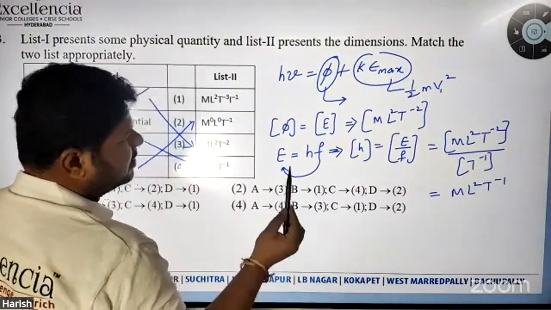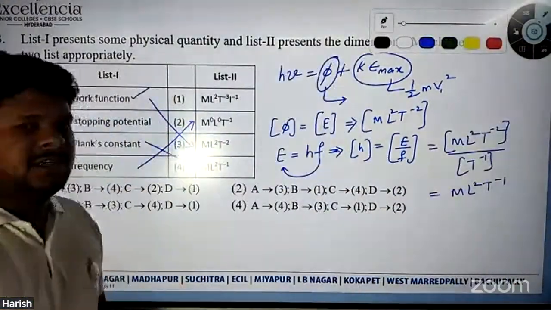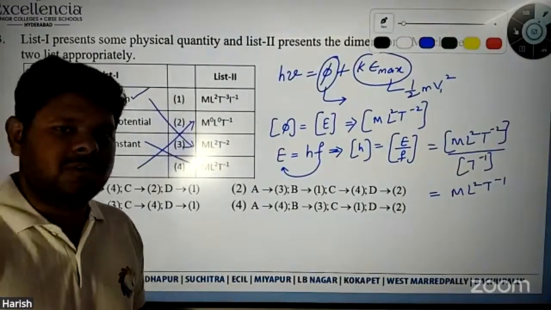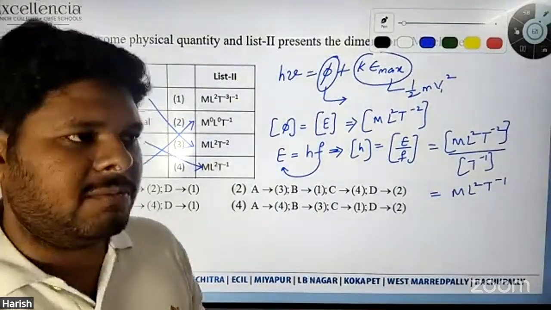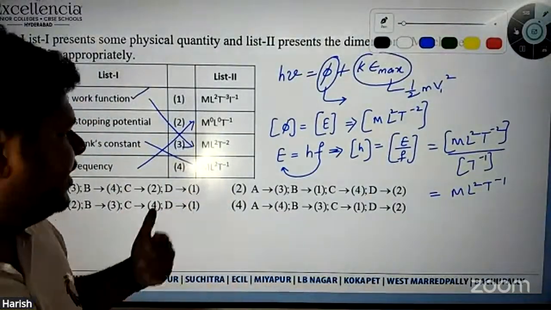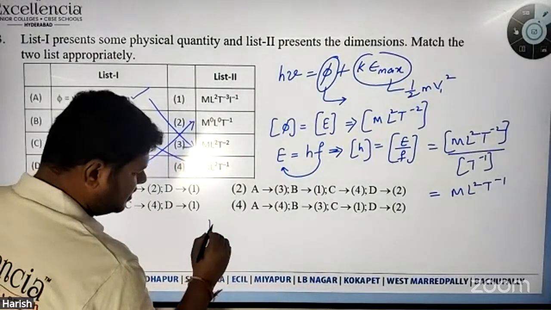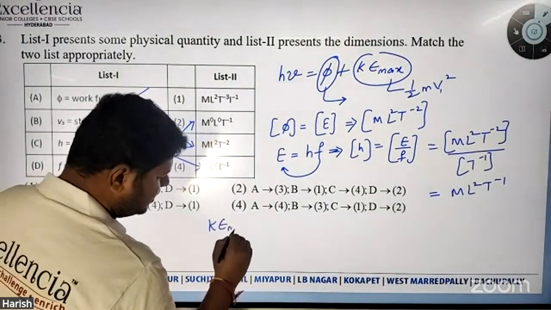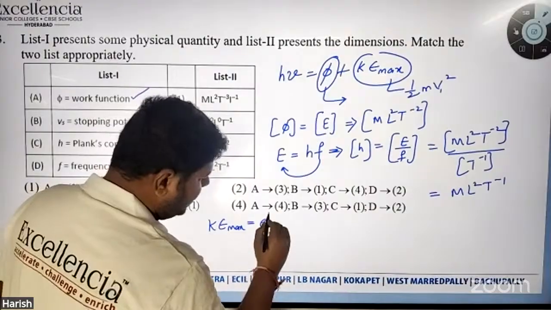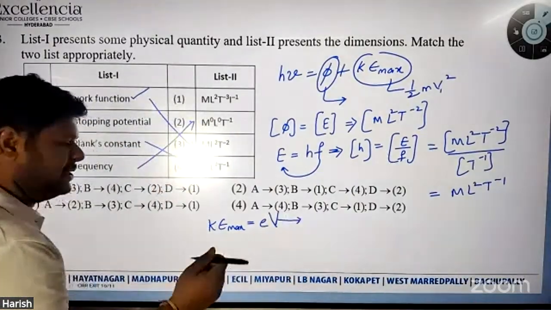As I said earlier, whenever you want to find the dimension formula of any physical quantity, you are supposed to recollect a formula in which that is included. So I think you might have revised so many times that KE max is equal to eV, where V is nothing but the stopping potential.